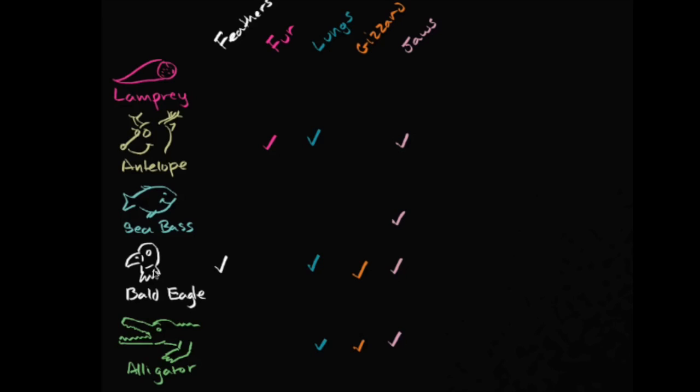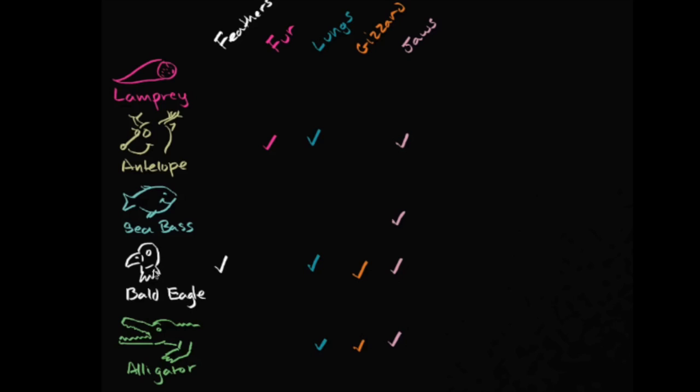So, as I already said, phylogenetics is about the relationship between individuals or groups of organisms, or types of organisms. And as we can see here, there are 5 organisms, or let's say just animals: lamprey, antelope, sea bass, bald eagle, alligator.